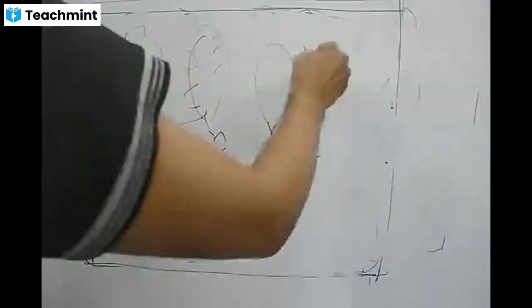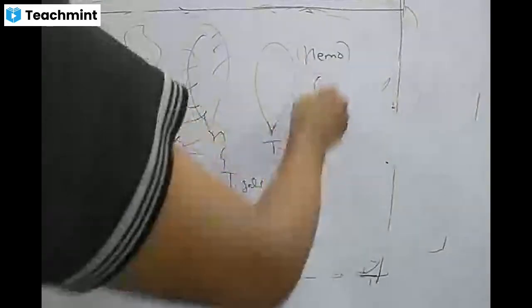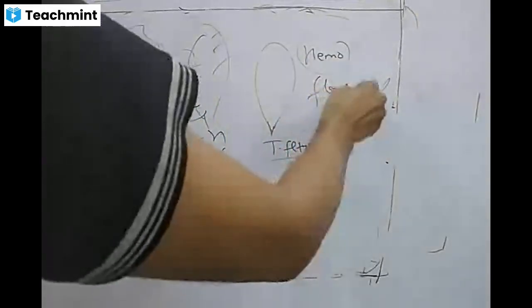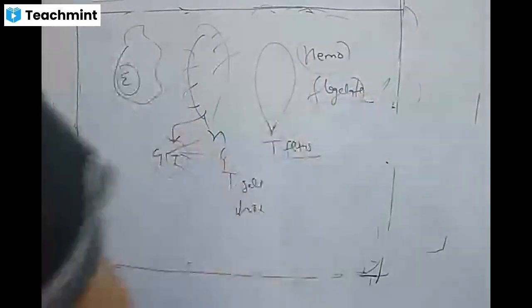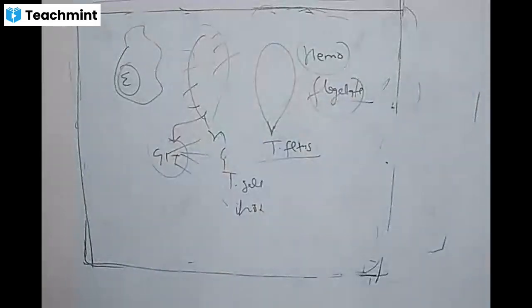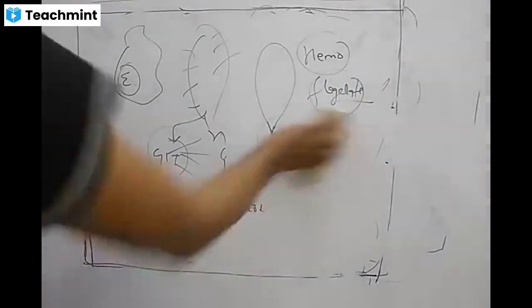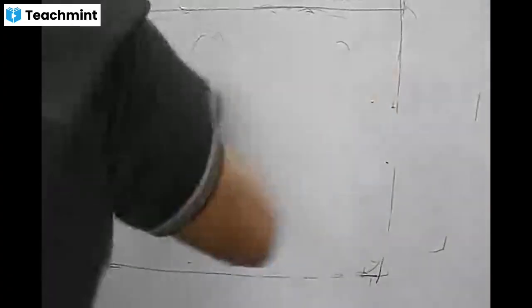Next we start with the hemo, that is blood flagellate. It means a protozoa having flagella but present in the blood. So there are only two flagellates which are present in the blood. They are your trypanosome and leishmania.